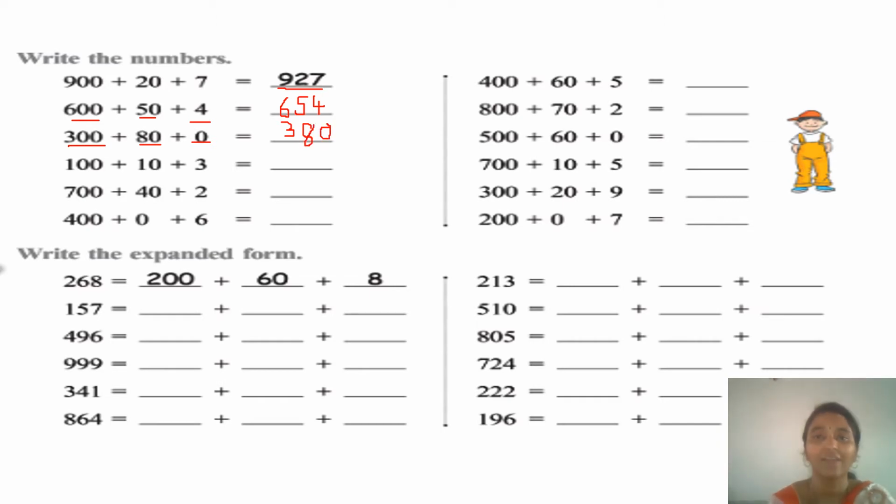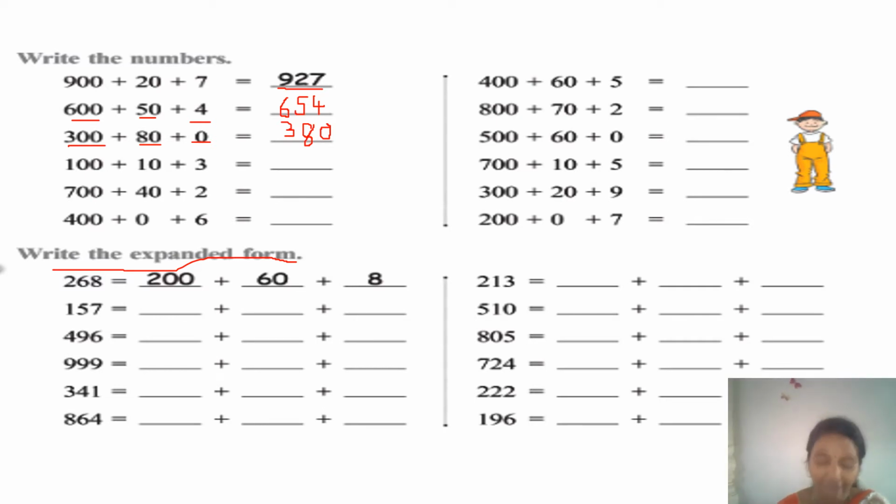Now I am leaving the remaining sums for you as your homework. You have to solve them. Coming below, what is this? Write the expanded form. See what we have done. First we showed you the numbers like this and wrote that number in standard form.